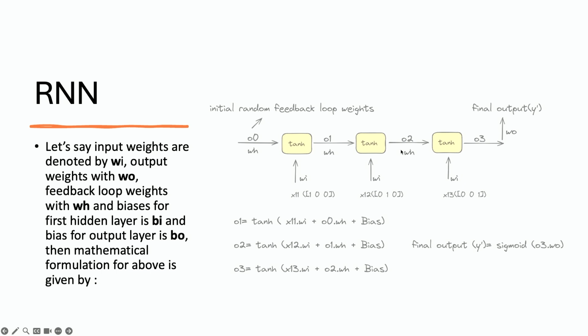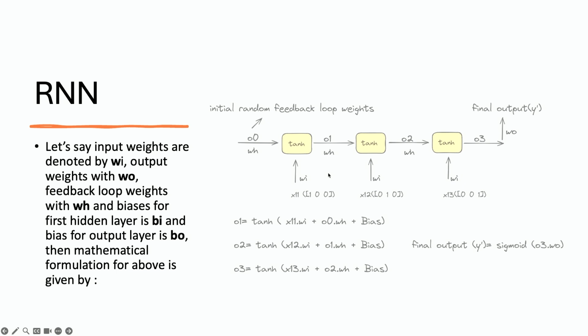Here we have a feedback loop. We have Wi, which is the input weights. We multiply with the input weight, and we also take the output from another neural network which is connected sequentially.